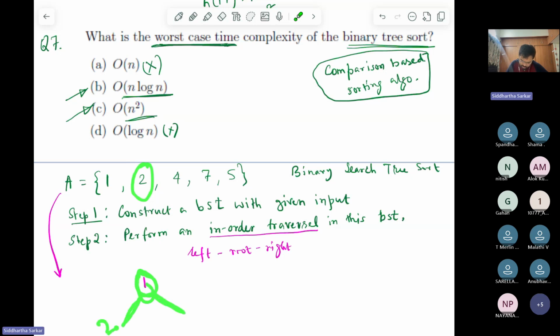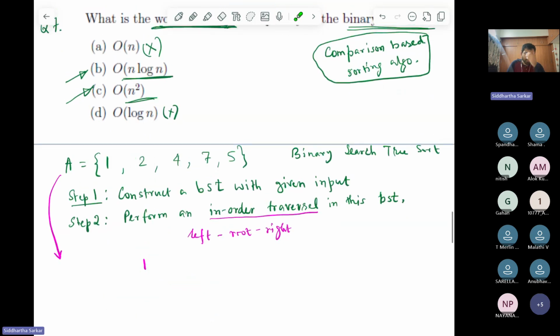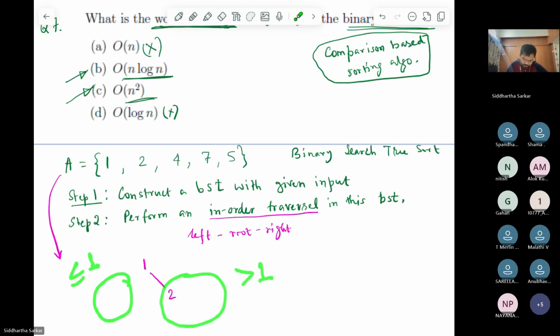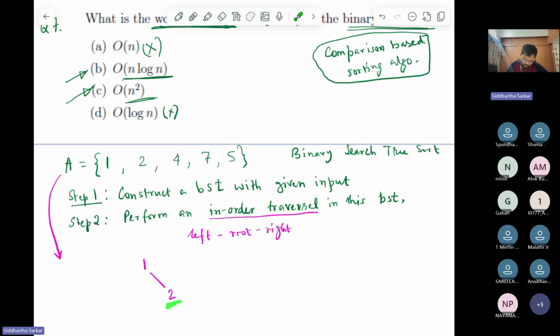So two will be placed here or here, to the left or to the right, in a binary search tree. Okay, because in the right subtree, larger than one numbers will be there, and in the left subtree, less than equal to one numbers will be there. Okay, so two is larger than one, so two will come here.